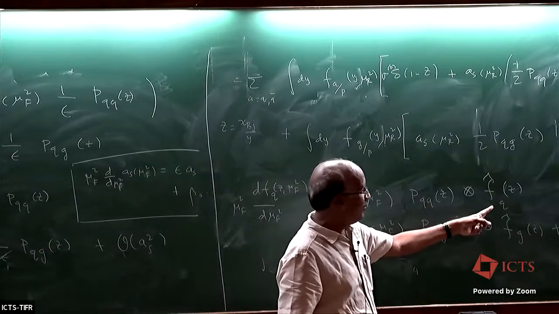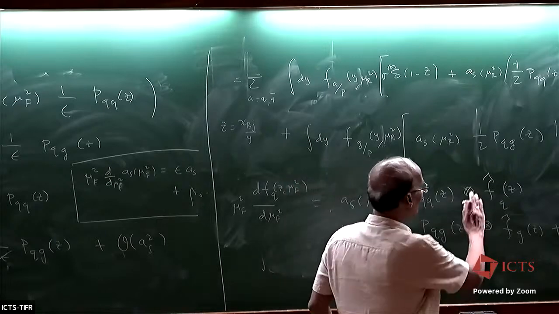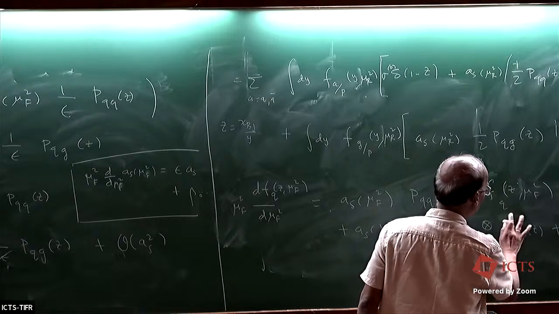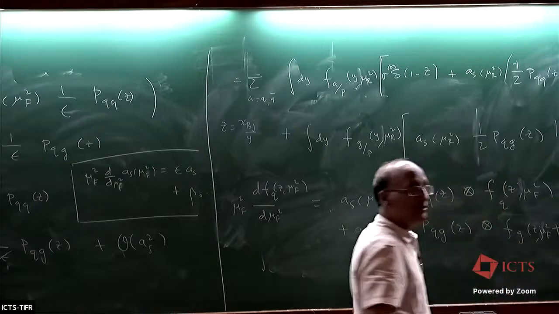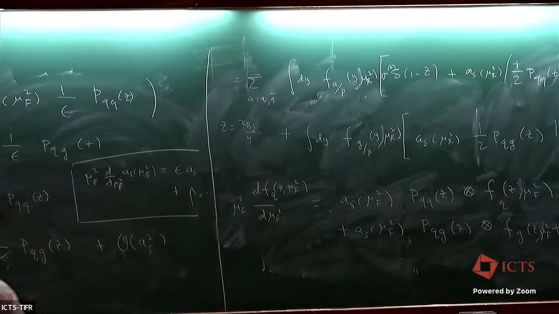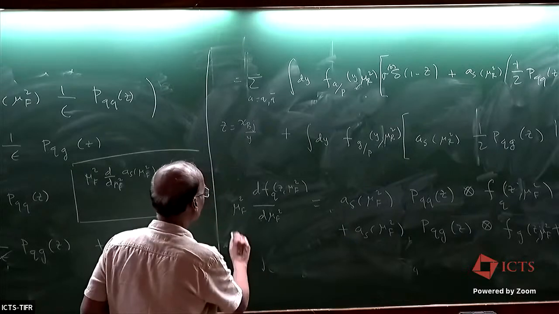Now, if I again iteratively put back f hat, this will be f of mu_f^2. Then this alpha_s of mu_f^2 will be the higher order term, because I can iteratively substitute the solution back here. You find this is the equation that you will get.